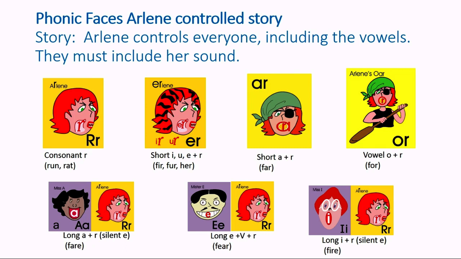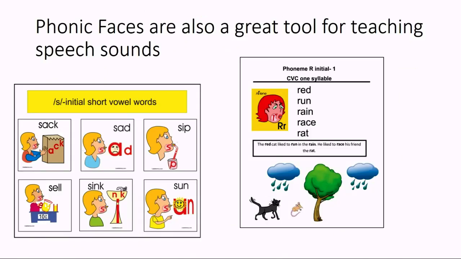Okay, so any vowel combinations, any vowel rules, if a R follows the vowel, it's going to be controlled by Arlene, and it's going to make an R-colored or an R-controlled sound. All right, and as we talked about, they're also great for teaching speech sounds.